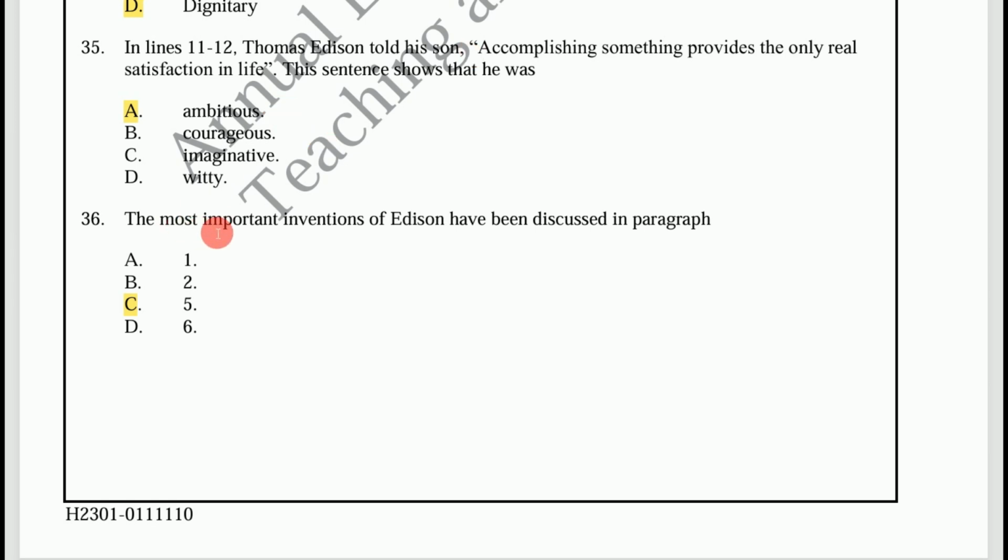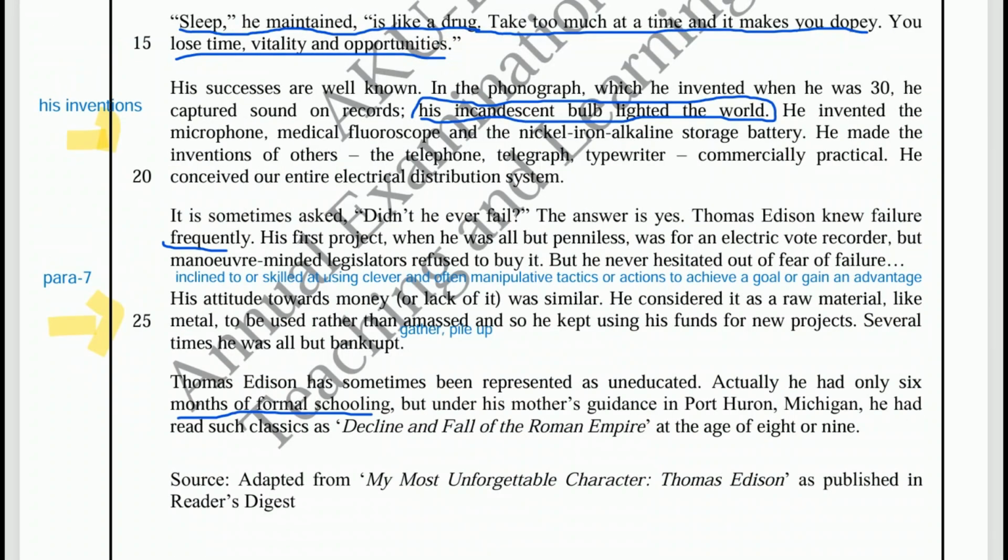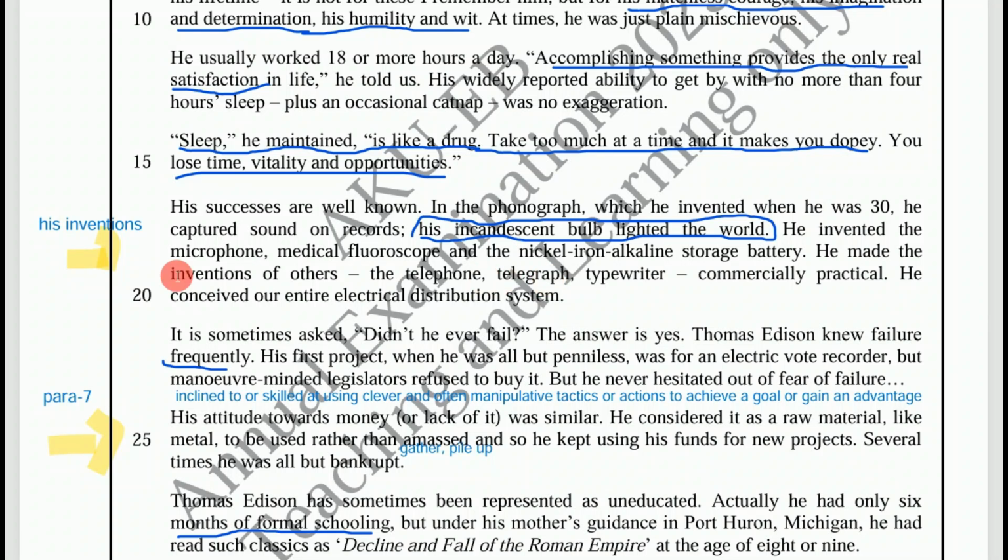The most important invention of Edison in the discussion, so we'll skim where his inventions are mentioned. His inventions are mentioned here in this passage, right? His successes are there, and his phonograph, which he invented when he was 30, and what he did through this phonograph, he captured the sound on records, and then his incandescent bulb lighted the world, right?